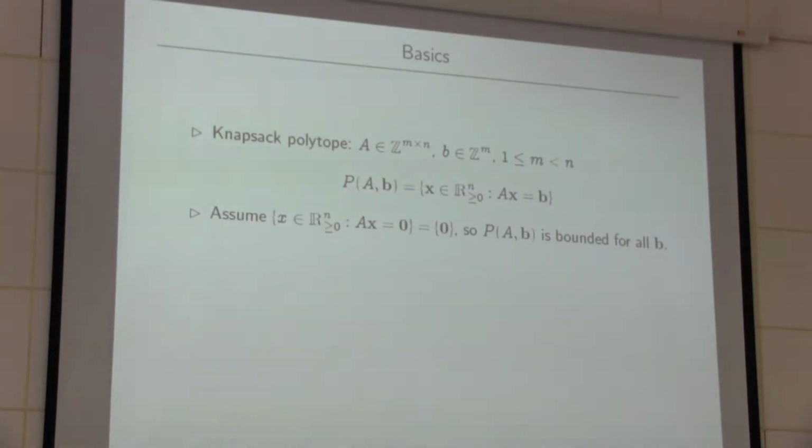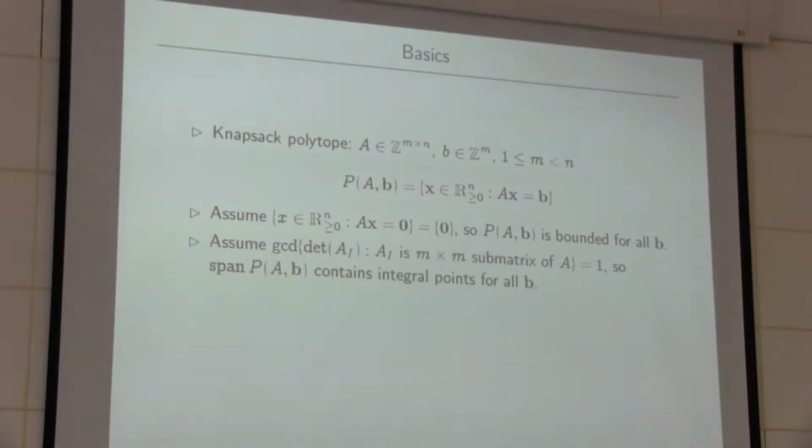The second condition will guarantee that the affine subspace spanned by the Knapsack Polytope always contains integer points. Okay? So we require that the greatest common divisor of determinants of m by m submatrices of A is equal to 1.